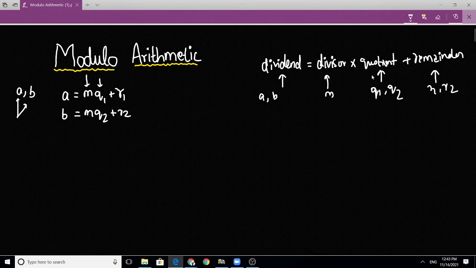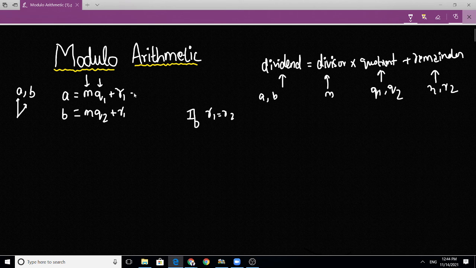Now when I construct a division algorithm, I get it in this form. This is the case in modular arithmetic if r1 equals r2. So here I'm just writing r1 instead of r2. Now I have b equals m q2 plus r1 and a equals m q1 plus r1.